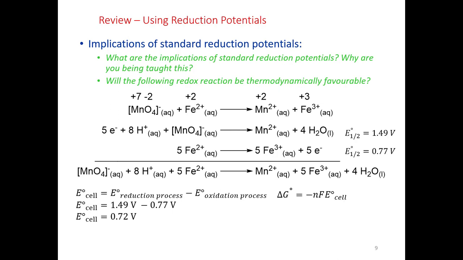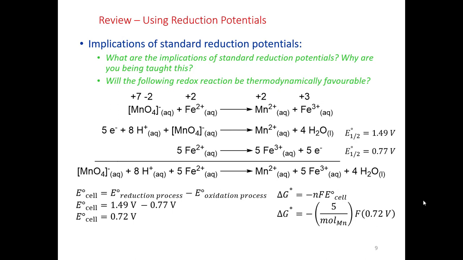Since this potential is positive and the free energy of the reaction is related to cell potential through this equation, the reaction must be thermodynamically favorable because the free energy will be negative. For the specific question above, will the following redox reaction be thermodynamically favorable, you could stop right here. If, however, I asked for the free energy of the reaction per mole of permanganate, you would calculate it where n equals 5, shown right here.